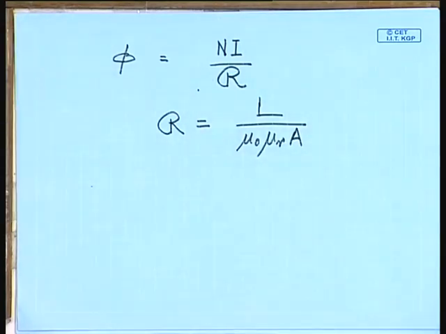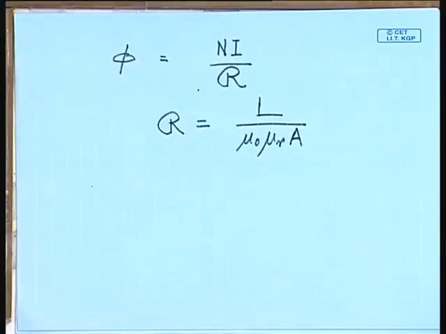So, if we extend the analogy that the MMF Ni is equivalent to a source of potential and flux is equivalent to a current in a magnetic circuit, then the quantity reluctance is equivalent to resistance in an electrical circuit.